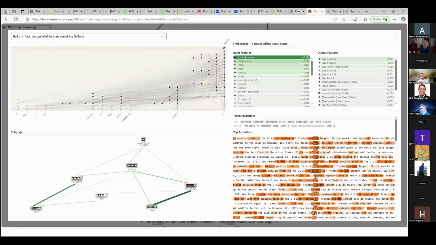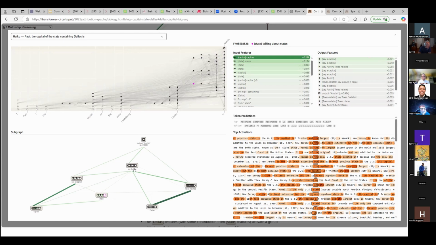And then you may also sort of see a pattern that, for example, what we're going to see in this graph is that the capital and the Texas concepts both appear, then the Austin concept appears later in the higher layers of the LLM.